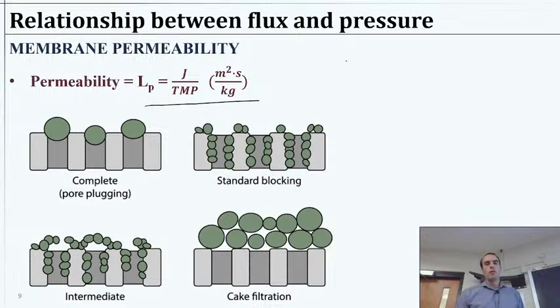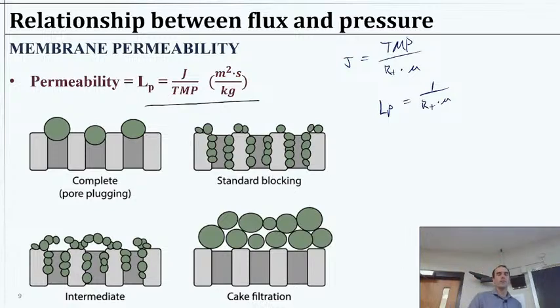And we just saw that flux is equal to transmembrane pressure divided by RT times mu. So if we rearrange this a little bit, we can see that LP is just 1 over RT times mu. So they're related there. It's another way to describe what's going on.